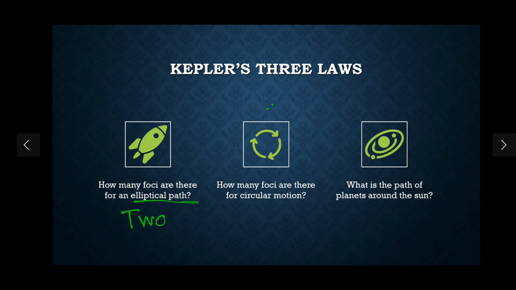So we have a central system and we have an object that's orbiting it on a circular orbit. How many foci or focus does it have? It will only have one central focus, or one foci only. What is the path of any planet around the sun? Depending on Kepler's first law, the path is always elliptical.